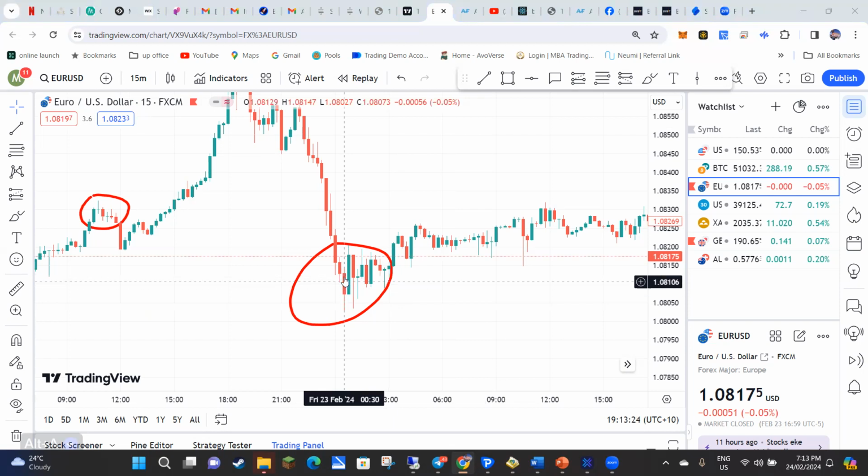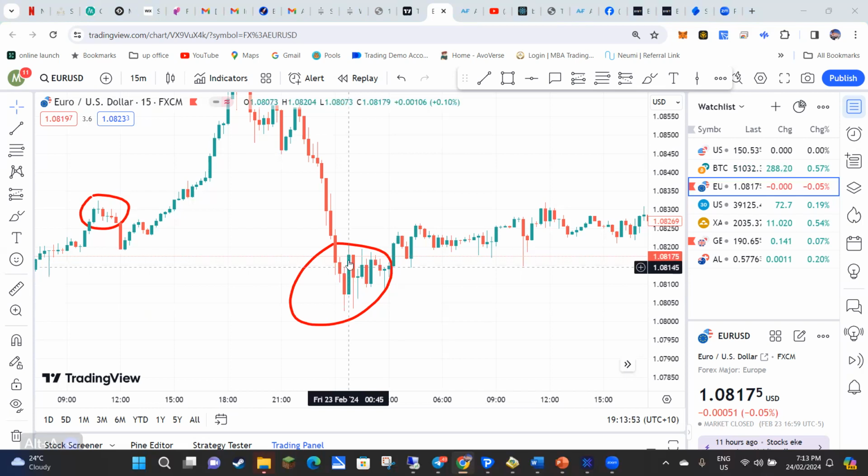The market's come down, because we've got this wick, but then it started to come back, and the next candle has engulfed all of this candle and gone a bit further. For it to be an engulfing candle, it has to engulf all of the body of this candle and the top wick and a little bit more.